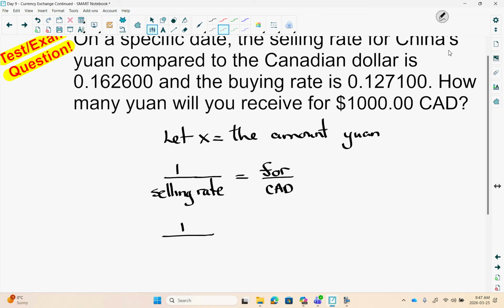The selling rate is this number right here, 0.1626 with a couple of trailing zeros. It equals, do I have the foreign amount? No, so I'm putting X on top of, how many Canadian dollars do I have in this question? 1,000.